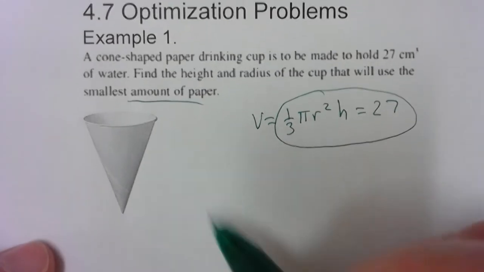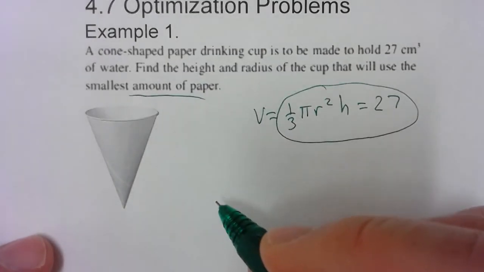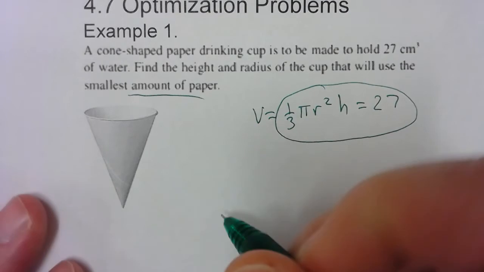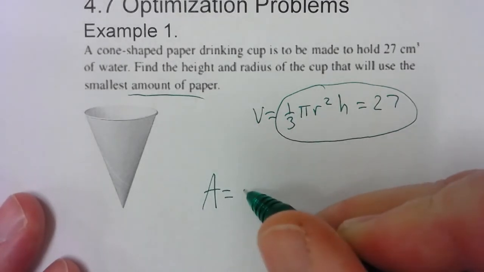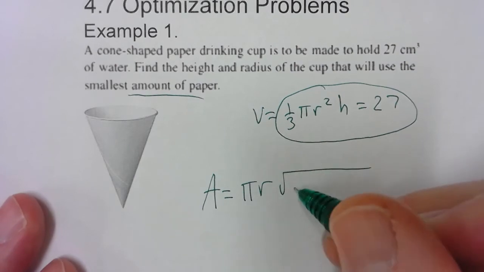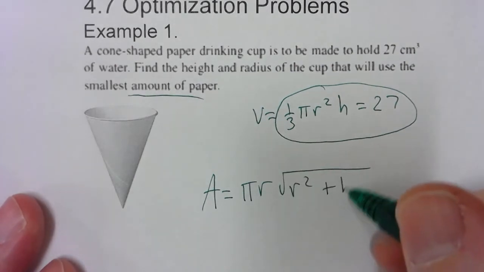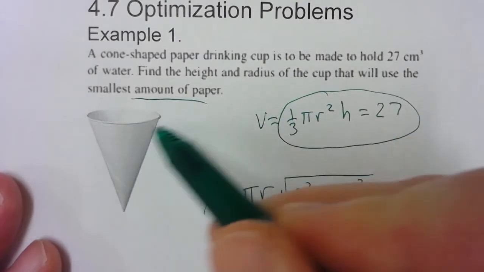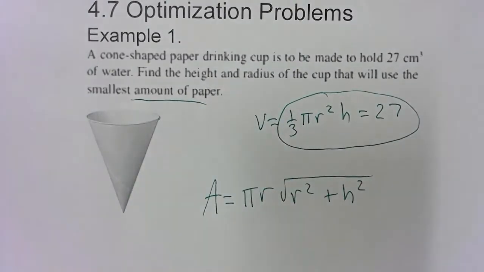The surface area of a cone is something that's not readily known. You can look that up in any book, and that's pi r square root of r squared plus h squared. So that's the lateral surface area of the cone. It doesn't include the circle there, but it's the lateral surface area of a cone.